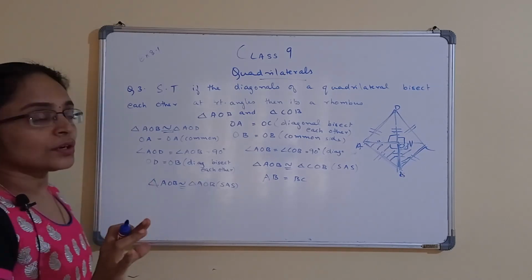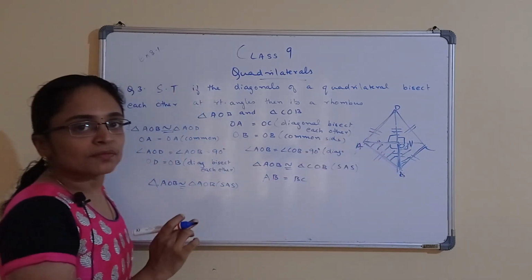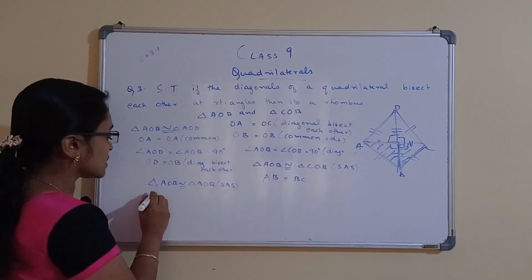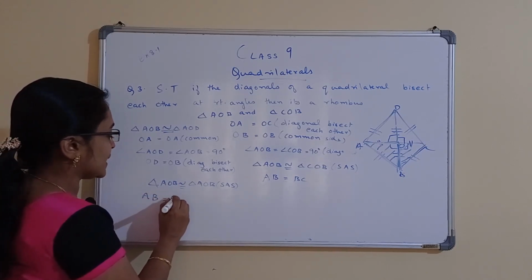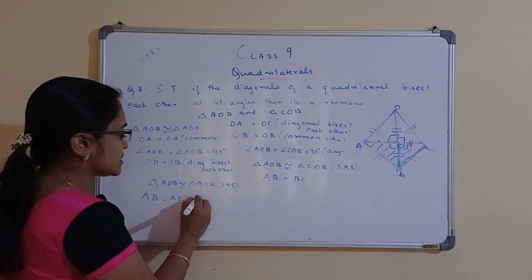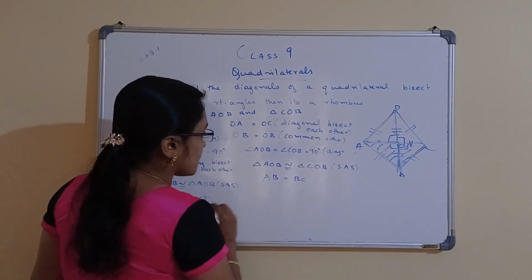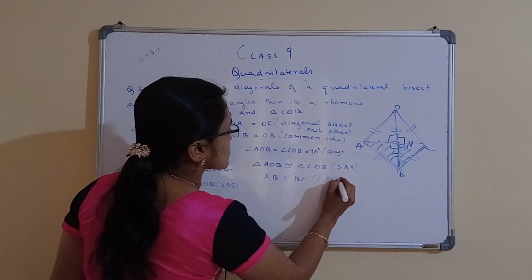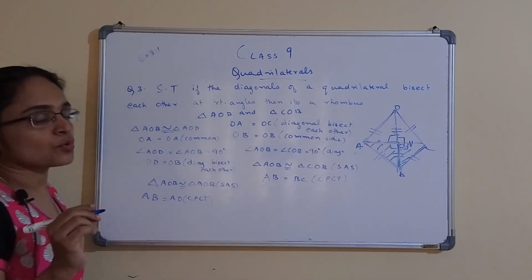So we have got these two triangles as equal, which means AB is equal to AD, because they are the corresponding sides of congruent triangles, by CPCT, that is, corresponding parts of congruent triangles.